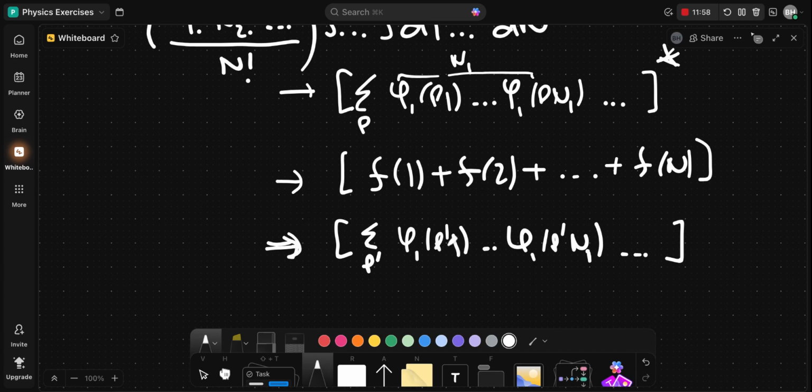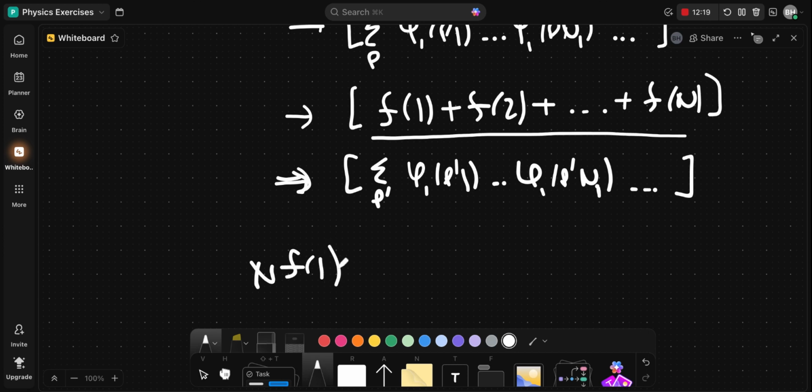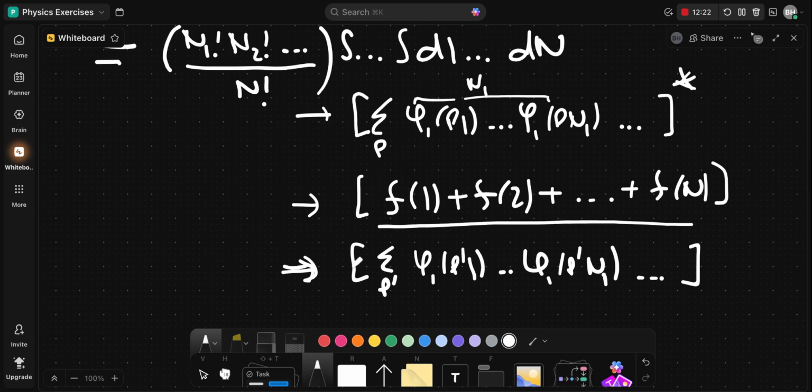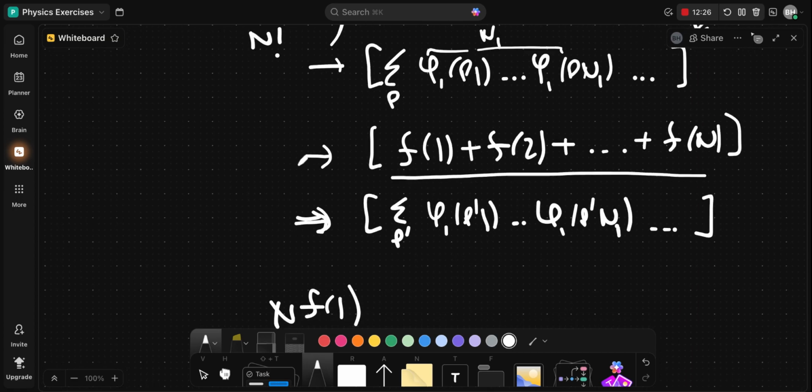So you're multiplying two functions which are permutation symmetric. In this case, what you could do with this operator is reduce it to a simpler term. Instead of the sum, you could write n times f1. We have to be careful because this n factorial becomes an n minus 1 factorial.